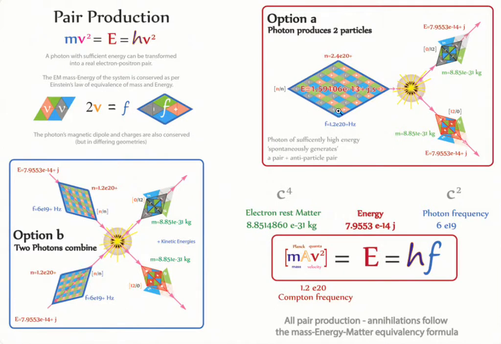You can have a single EM wave that can split and create a pair of particles with kinetic energies. Again, the total relativistic energies and charges of the pair that are created must equal, or the equation must balance to give us, the original neutral energies that brought about their creation.